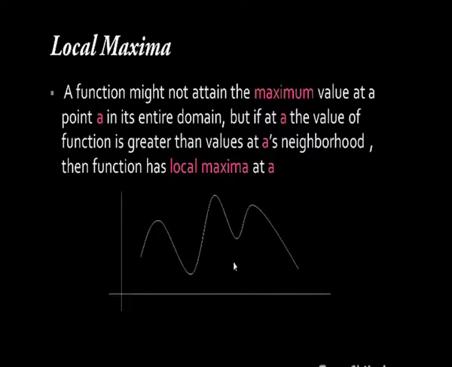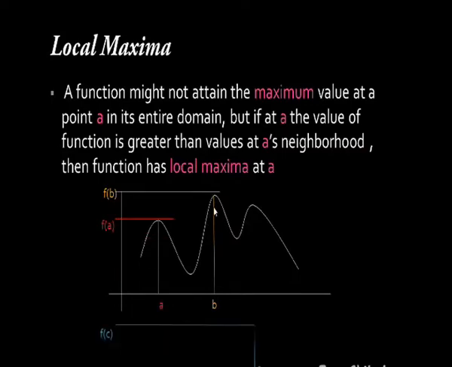Let's see this graph. It's pretty clear that the function has its maximum value at this point B. You have a peak here. But then you have two more points to consider. The function's value at this point A is highest in its neighborhood, whether you take the left neighborhood or the right neighborhood.